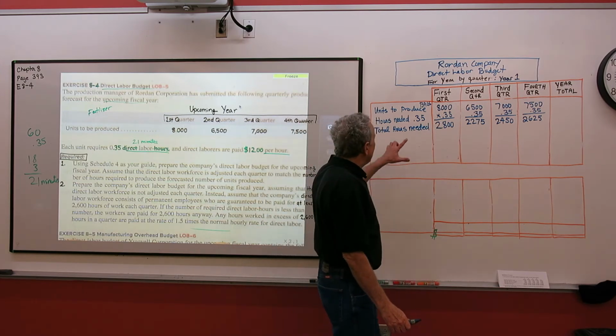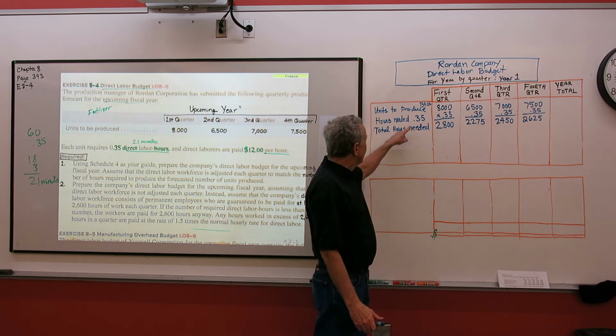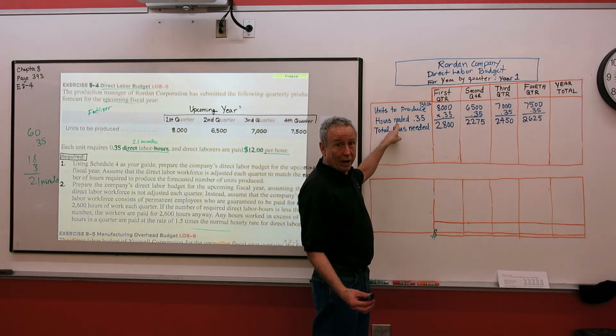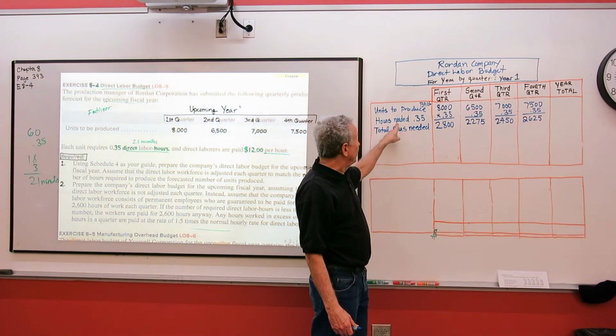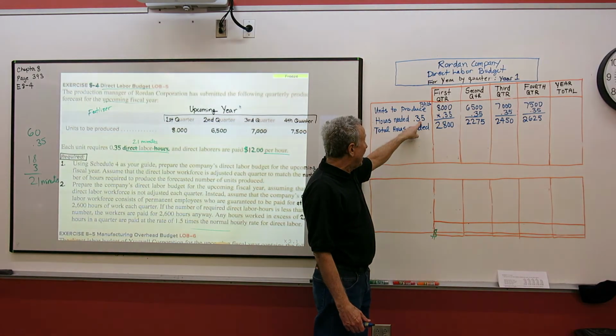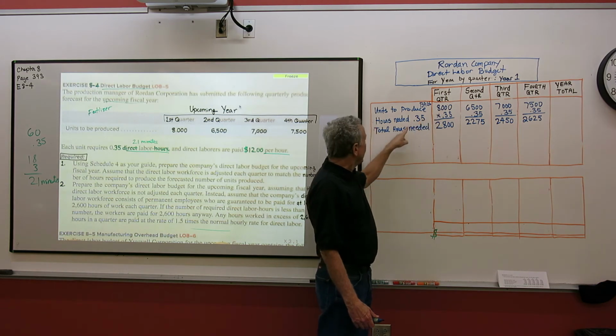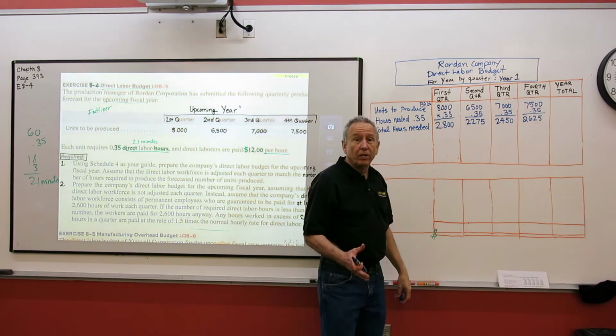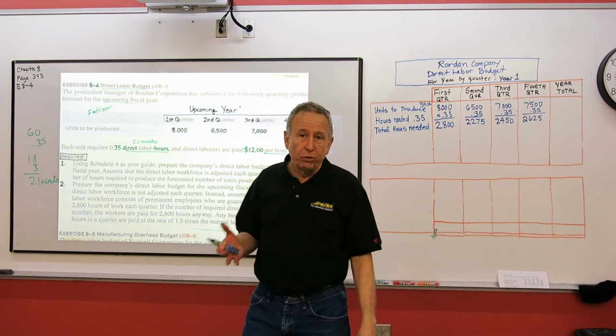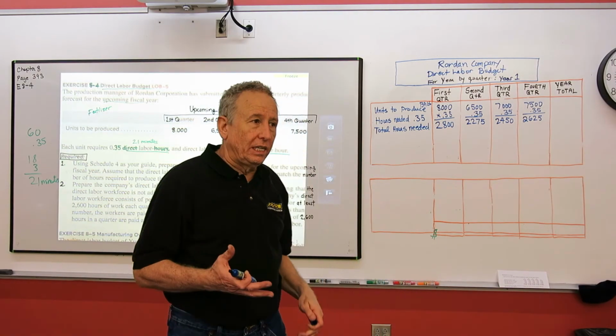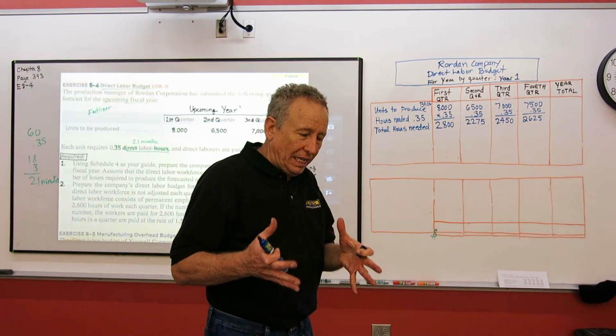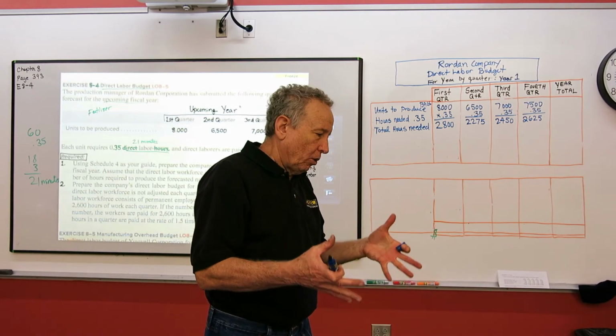Now, you might be thinking, hey, Chuck, this looks kind of familiar. We did this on the last one. We took units to produce and multiplied it by how many grams we needed of musk oil. And this is how many hours we need for every unit. This looks at total hours needed. Are we going to add desired ending inventory? No. You cannot have ending inventory of human beings. Interestingly enough, you cannot put a human being in a storage cabinet or on a shelf.